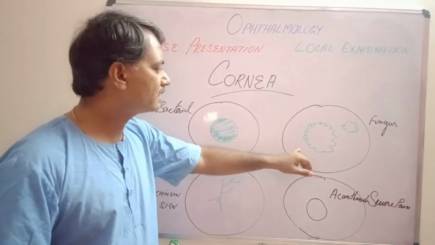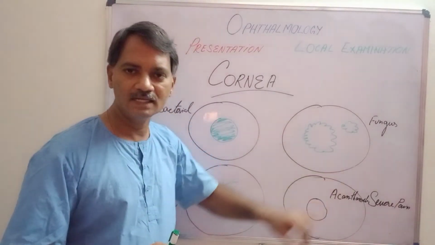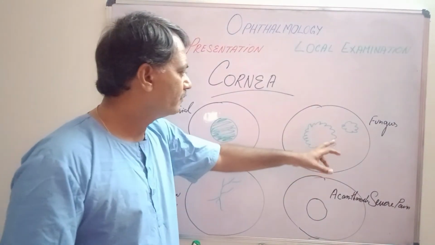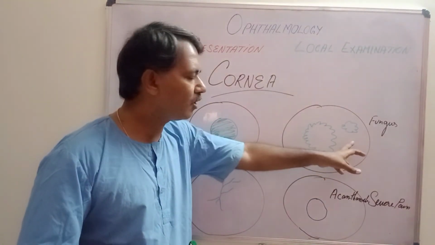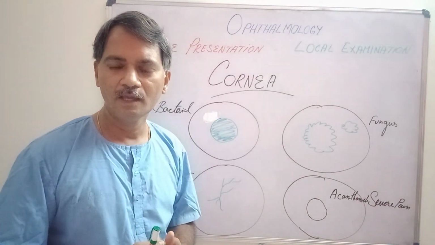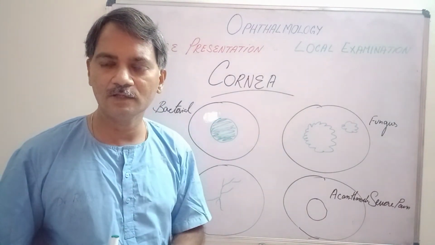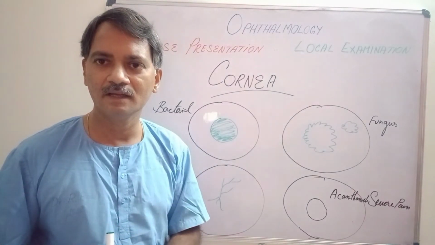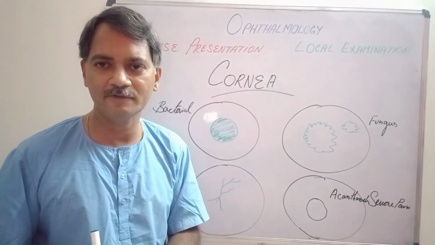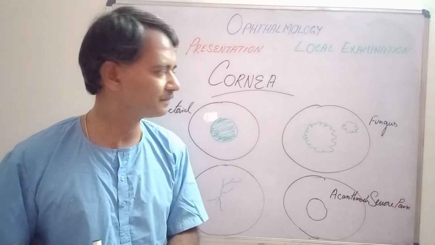The ulcer will not have clear-cut edges, it will have feathery edges. A big ulcer will have small ulcers around it, that is called satellitism. Within the floor of the ulcer, you will have dry-looking, curdy white infiltrates.